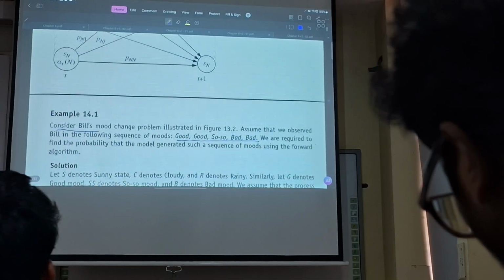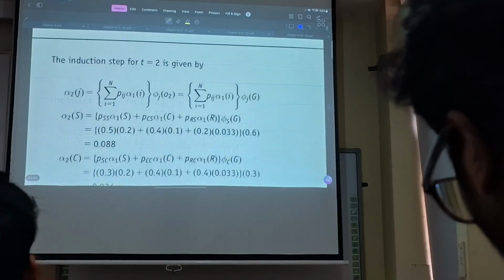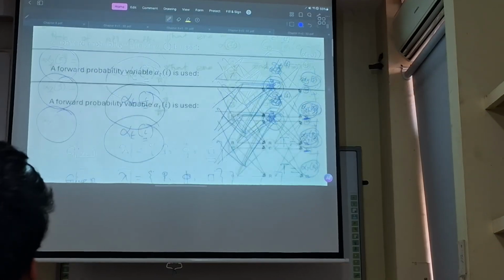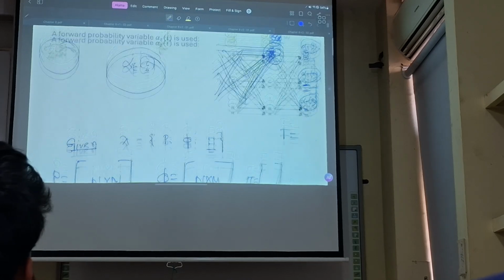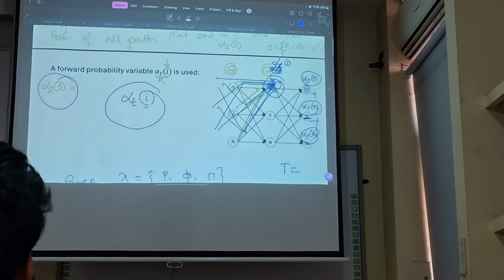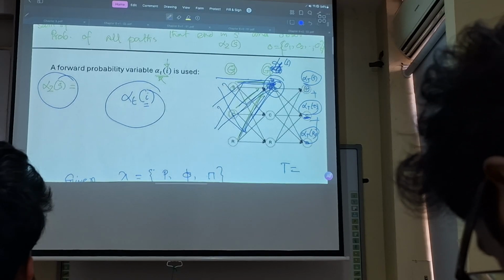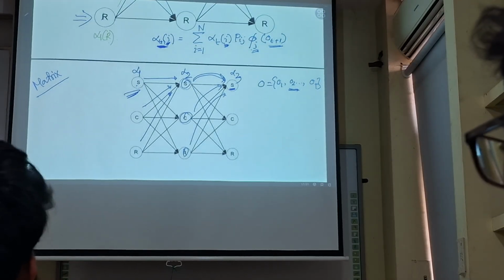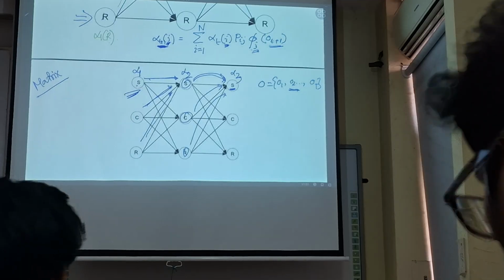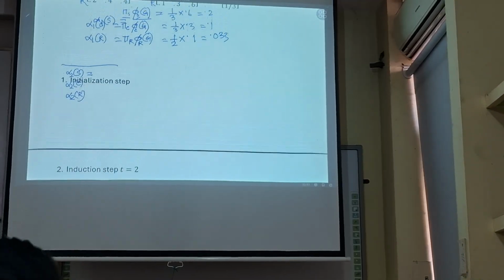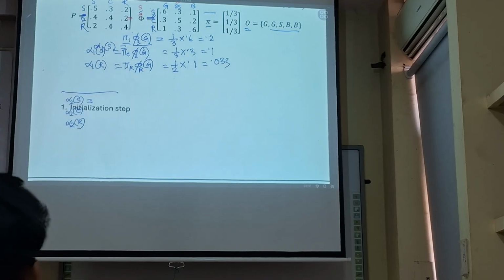Just consider this diagram. This one. Alpha 2 of S will be the sum of this green line and this green line, right? Alpha 2 of S will be this one and this one. You can recall. So, what we can write here, alpha 2 of S is equal to 11.